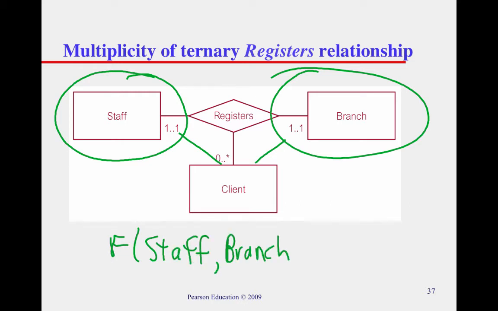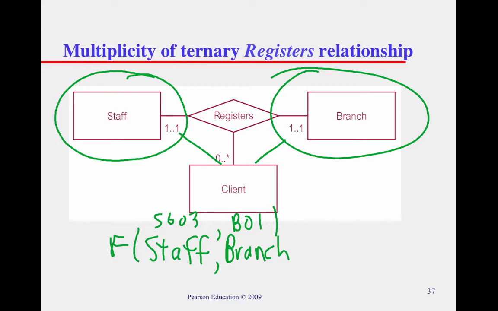For example, staff member SG03 at branch B01. It's not really a function, but I'm showing it that way. How many potential tuples or instances of a client might be associated with that staff person in that branch?